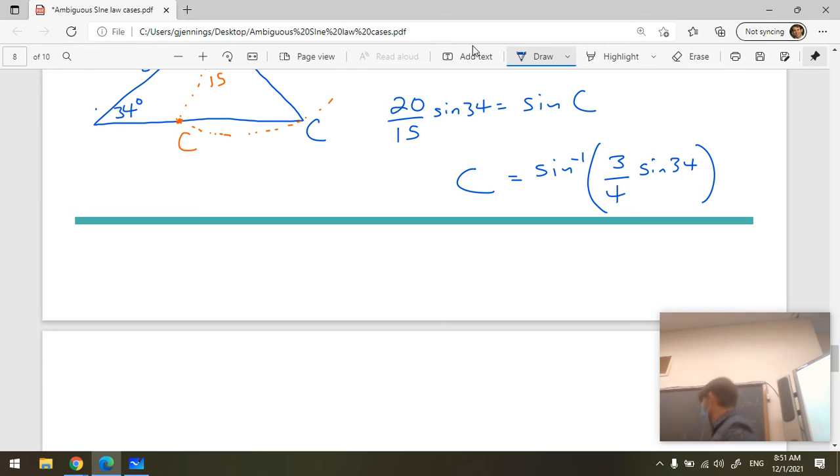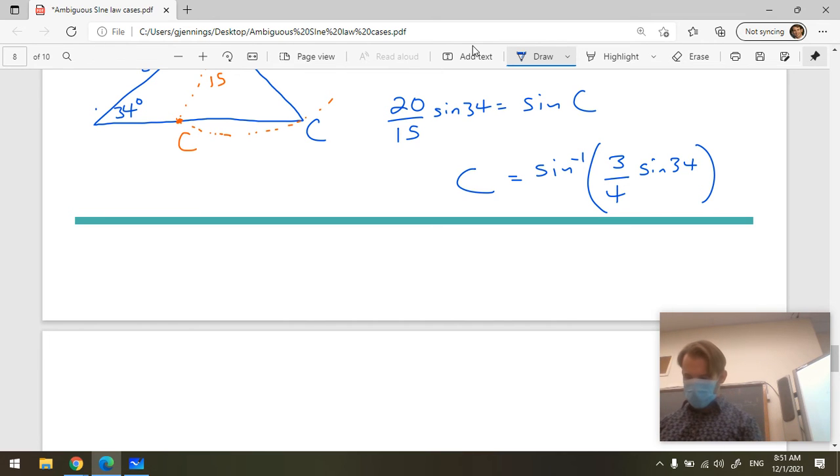And that will give me the first value of C. There will be another possible value of C that we'll find here, the angle that's related to that angle by the same reference angle, C. So let's calculate that on our calculators.